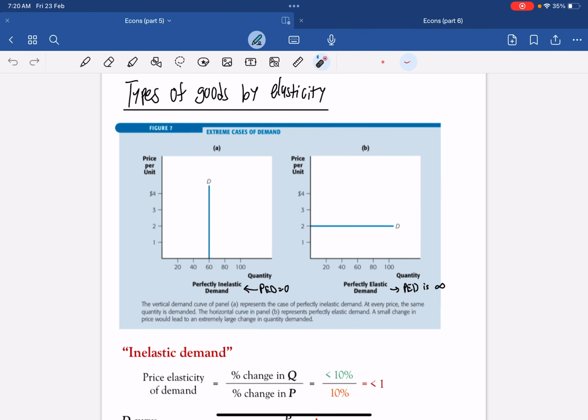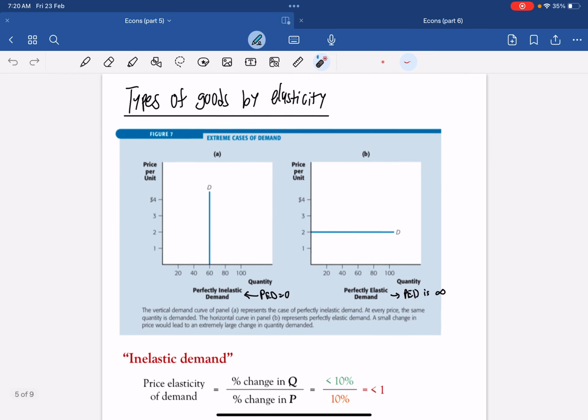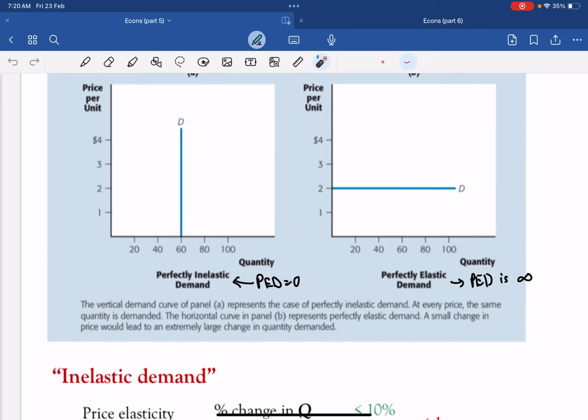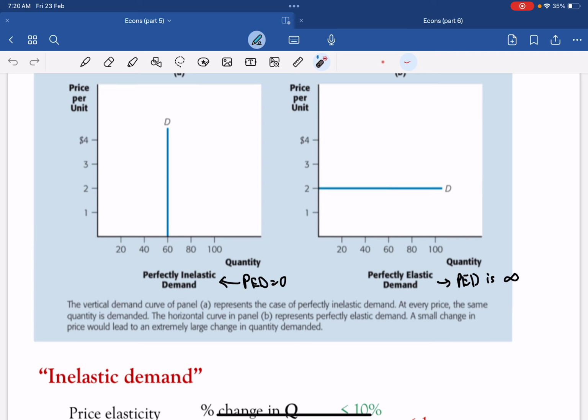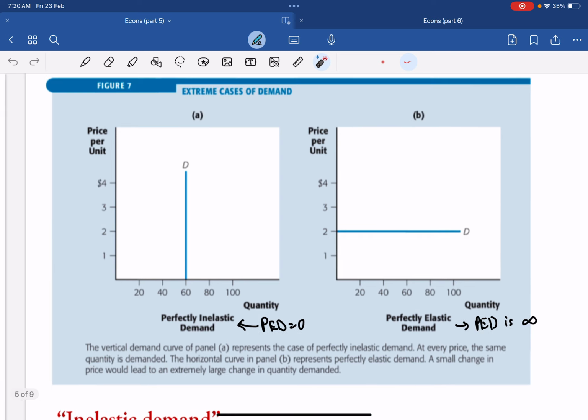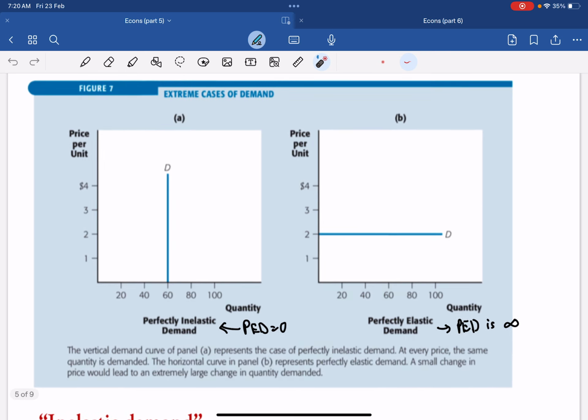So with that understanding that PED is usually different, how do we now categorize the goods by the elasticity? Well, first we take into account the extreme cases known as perfectly inelastic and perfectly elastic demand.